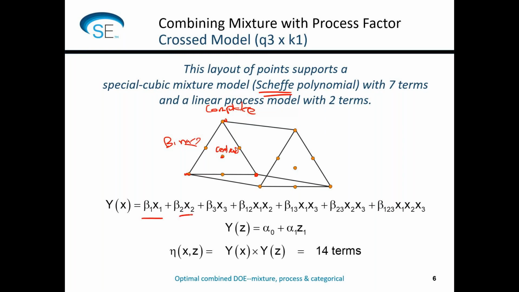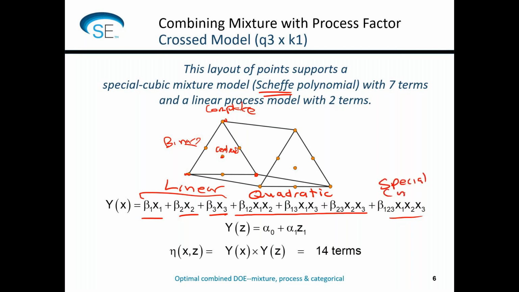No intercept. We look at the relative main component effects with the first part of it, which is the linear part. And then the second part, which looks kind of like interactions in a process, really is much more than that. And it actually gives you what's called quadratic impact or nonlinear blending. And then finally, we have a three-part term, and this would show the combination of three things having an impact. And this is the special cubic term over here. And with that, we've used up all the information that we have from the 7 points in the design.